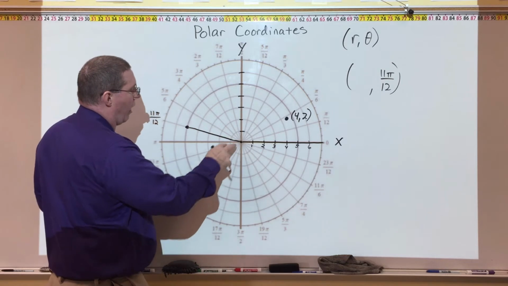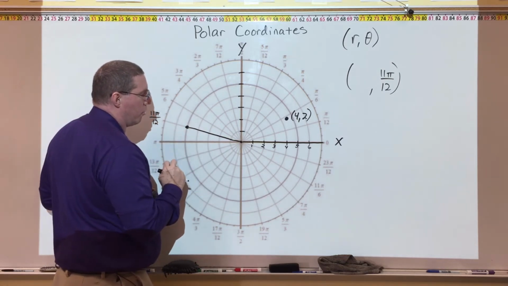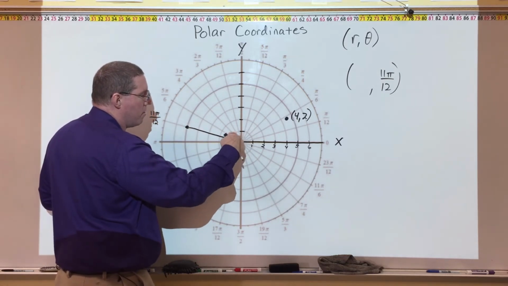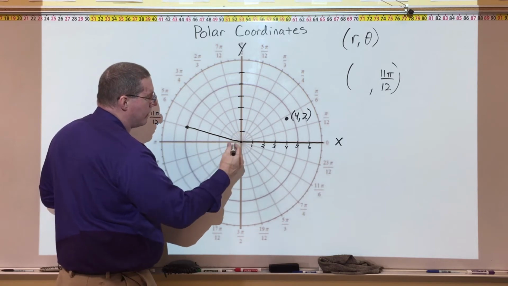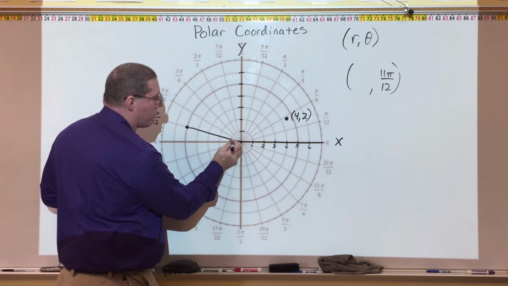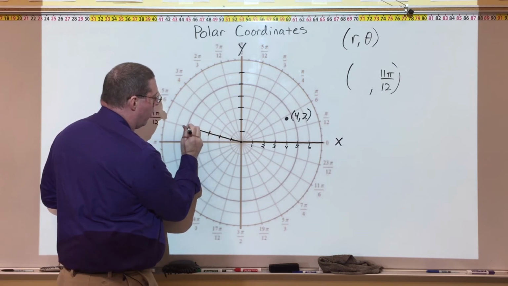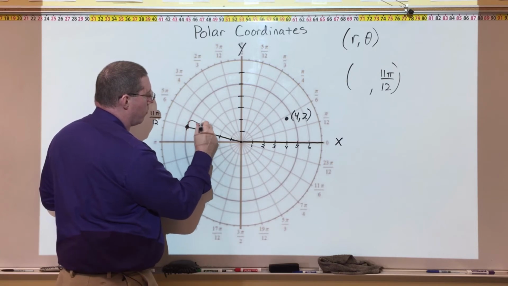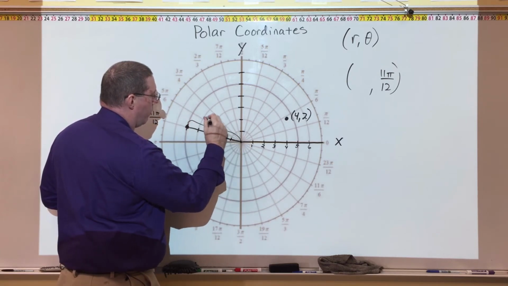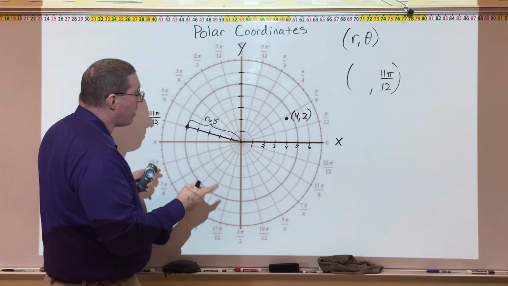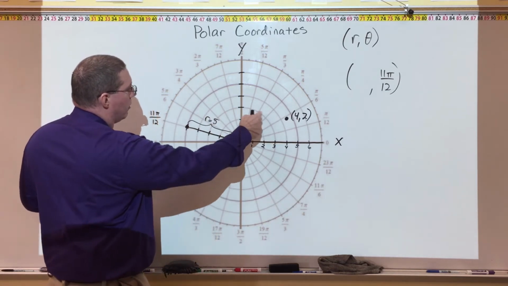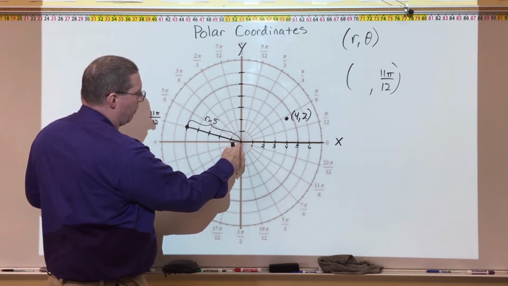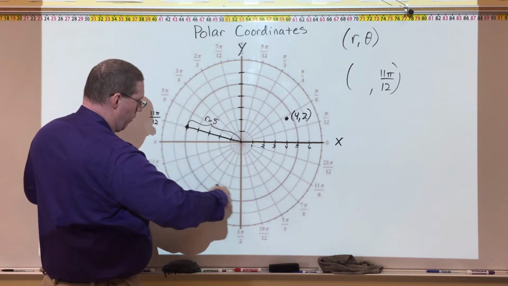But on a diagonal line, it's harder to determine distance. Because we have these circles drawn in, we can identify that the distance along this line is 1, 2, 3, 4, 5. So this point right here has a distance or a radius of 5. And we say radius because we're referring to the distance from the center of a circle out to this circle right here.